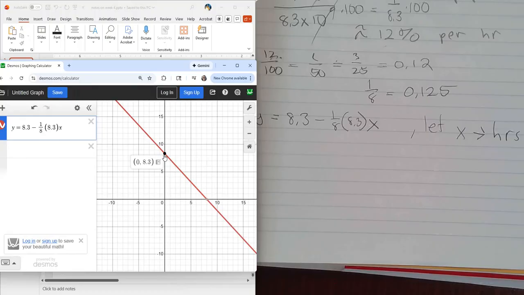Right here, right now, we're at 8.3 billion. So imagine this scenario. Every hour, the population going down. Come on, trace it. There we go. The population going down. And within 8 hours, we have negative human beings on the earth.